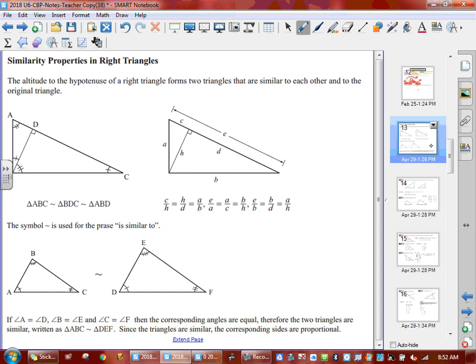Now, we get combined triangles. These are called multiple triangles built in one. We only see one general triangle here, but there's actually three of them. So when we're comparing these triangles, we make sure that we redraw each triangle.